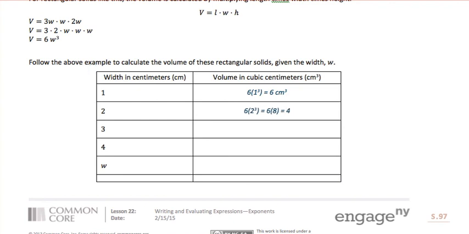So now we have 48 cubic centimeters. If the width is 3, we would have 6 times 3 to the third power.